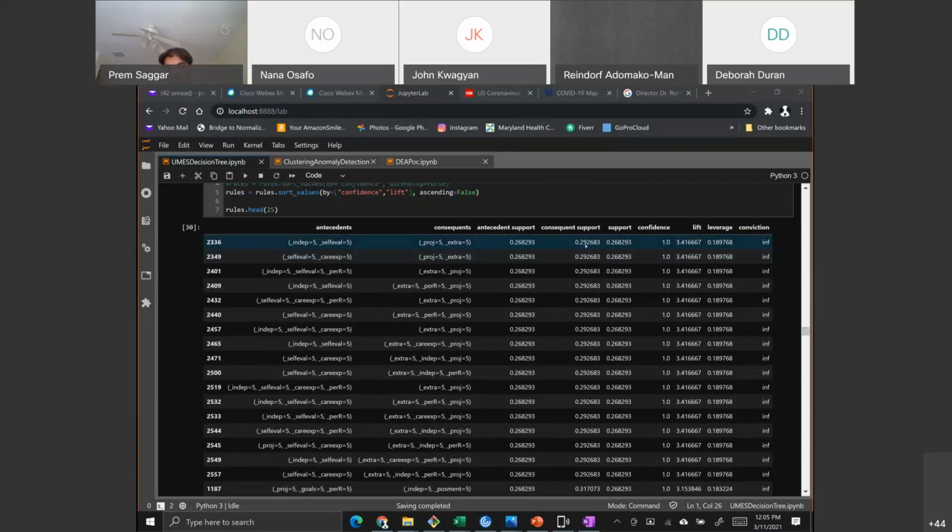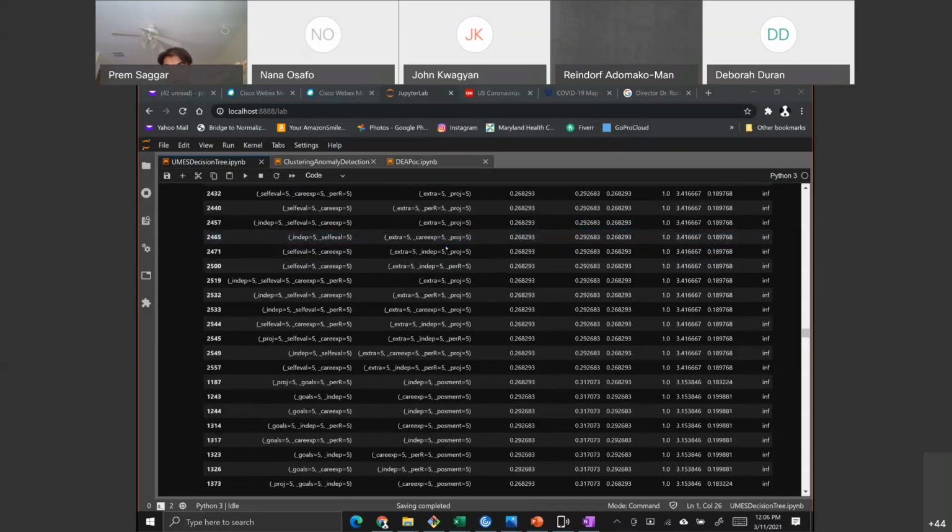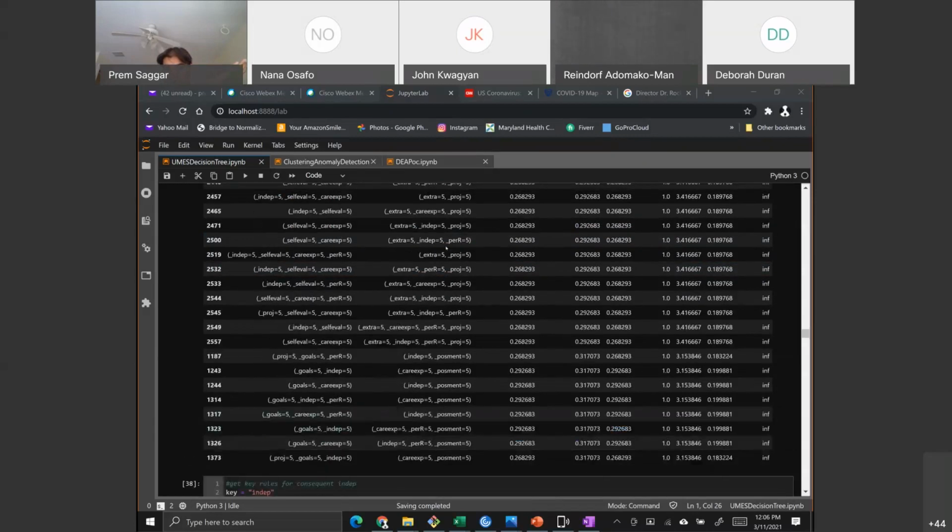The consequent combination, this proj 5 and extra 5, exists about 30% of the data set. They take the underlying support as the antecedent. This is the if and then, if you will, right? And then its confidence is 100%. So what it's saying is when independence is 5 and self-eval equals 5, this is the case every time, right? And it gives you this for all the possibilities within the data set.